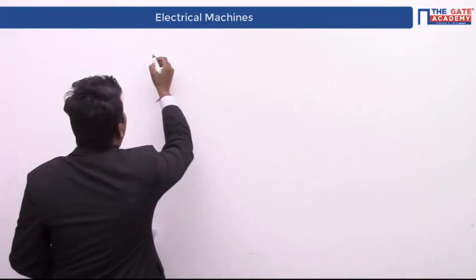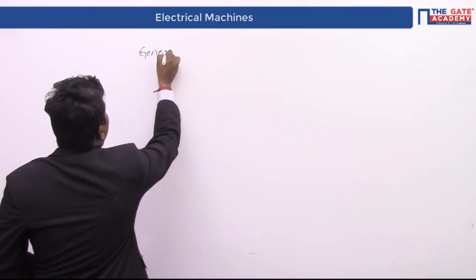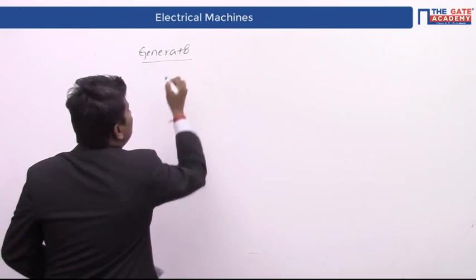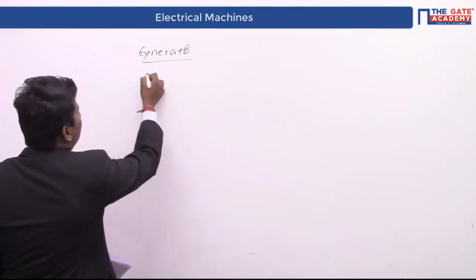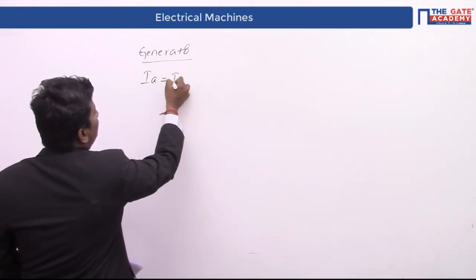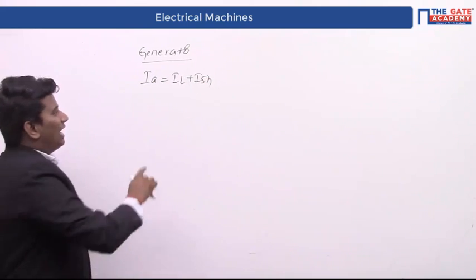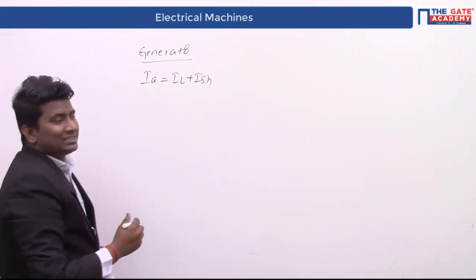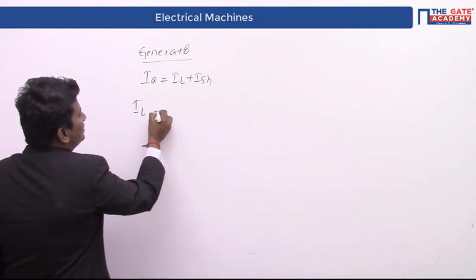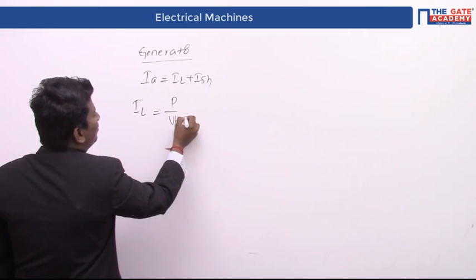If it is acting as a generator, what is its armature current? IA is equal to IL plus ISH. But what is IL equal to? Power by terminal voltage.